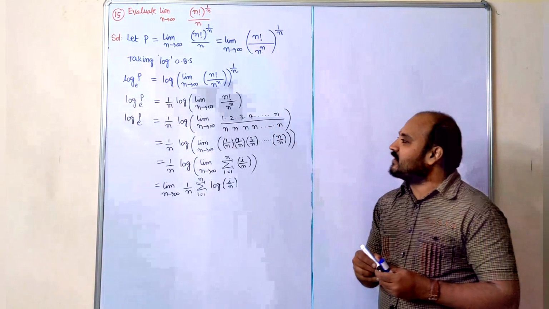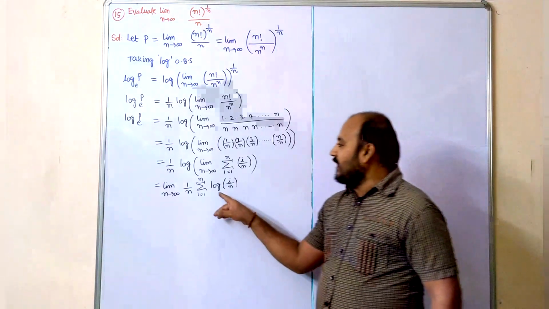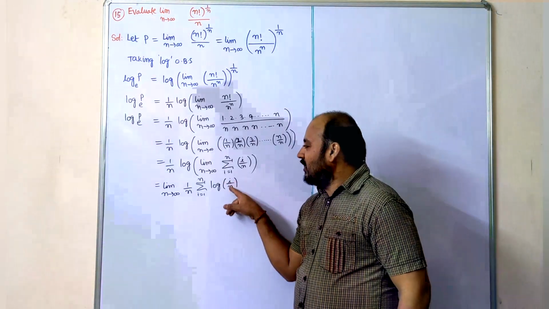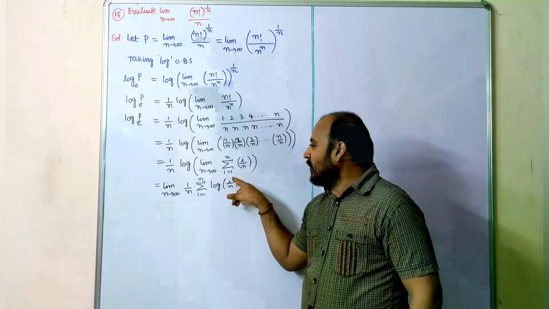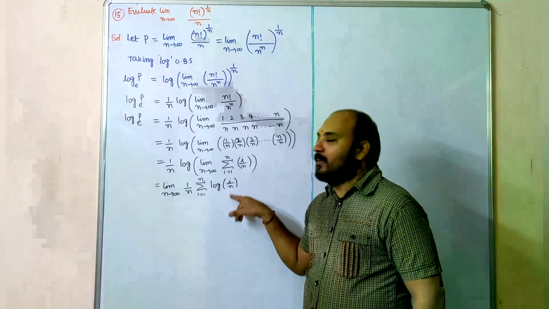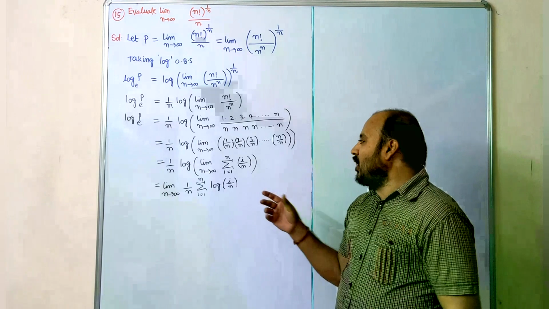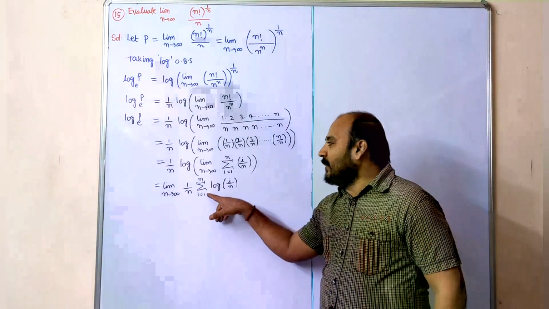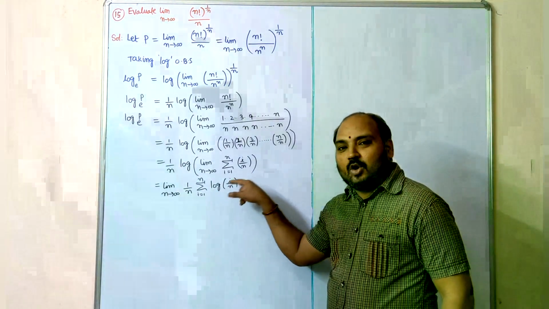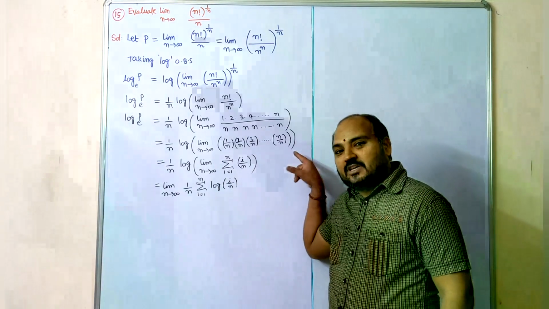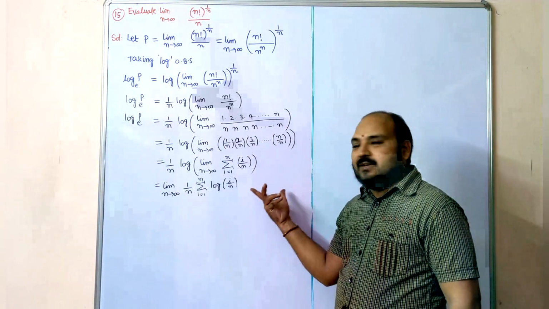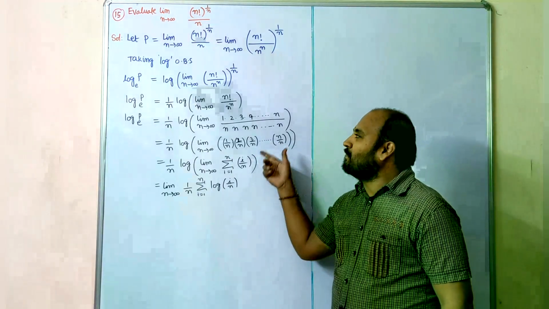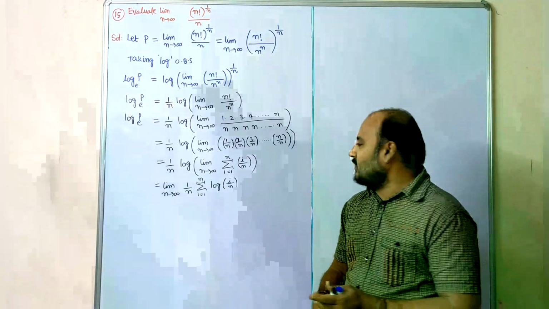Now you can check that. i equal to 1, log 1 by n; i equal to 2, 2 by n; i equal to 3, 3 by n. Here sigma is plus, so log 1 by n plus log 2 by n plus log 3 by n plus and so on log n by n. Log a plus log b plus log c means log abc, so that is the product. Both are same. I hope you understand.